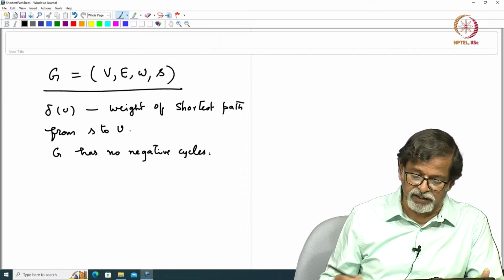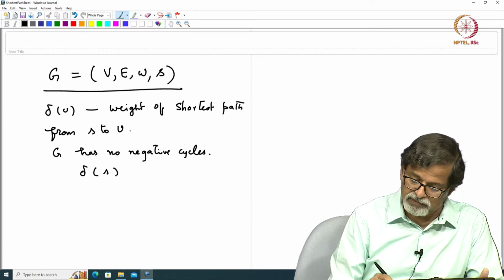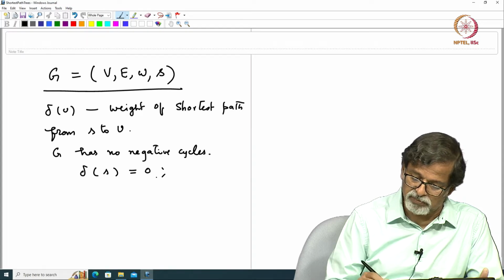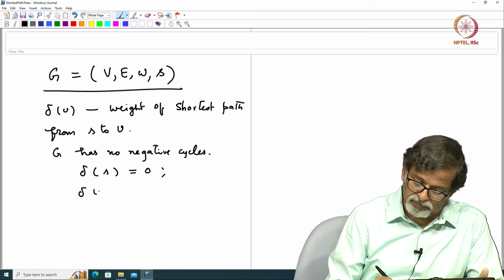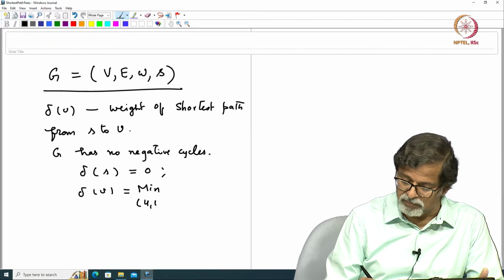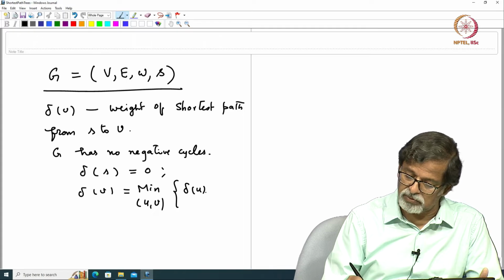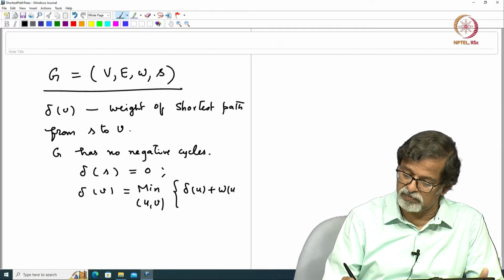When G has no negative cycles, we have proved that delta S equal to 0 and delta V equal to minimum over all the incoming edges UV, minimum over UV of delta U plus weight of UV.